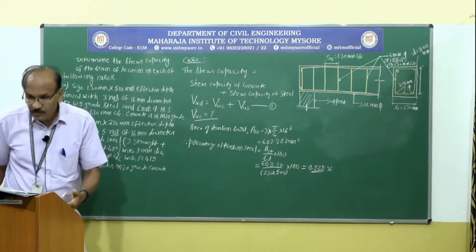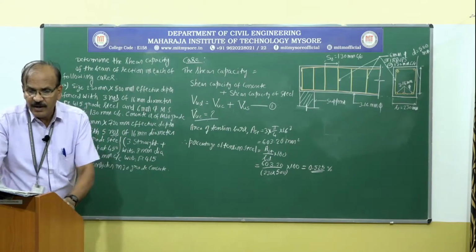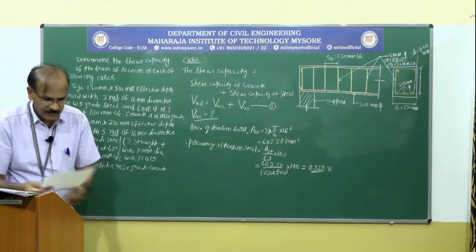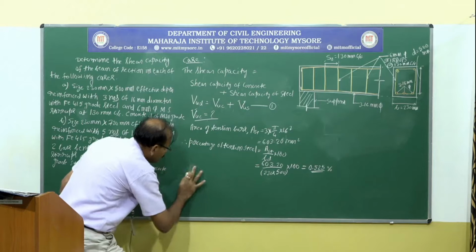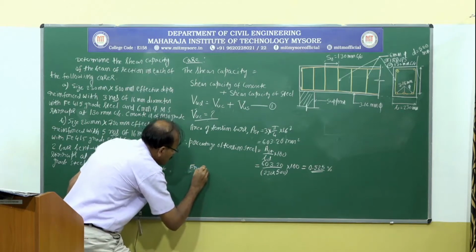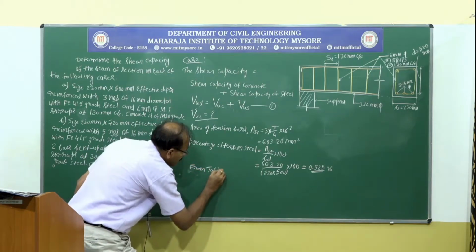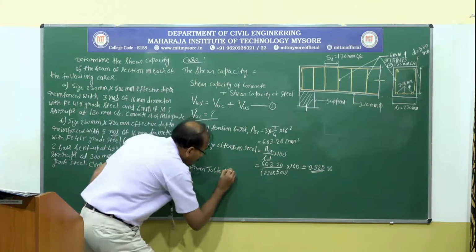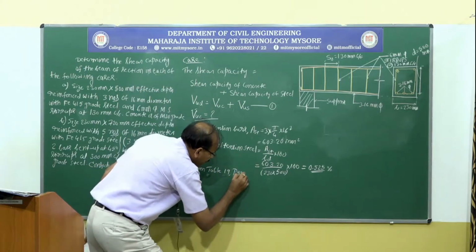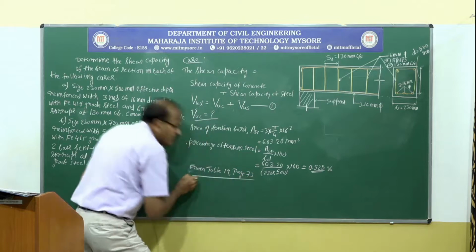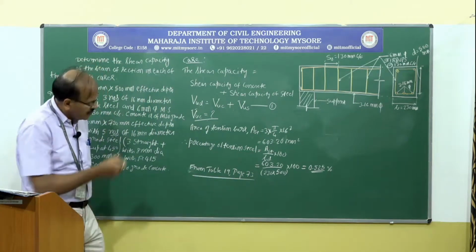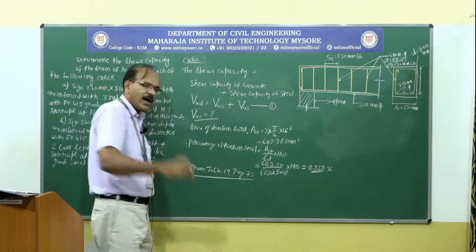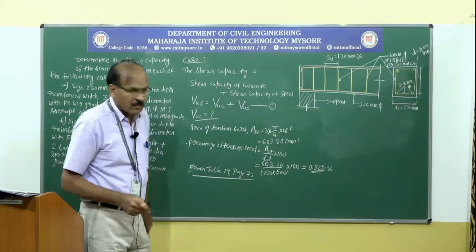So I am going to write AST BD from table 19, page 73. I am not going to write IS 456 2000. The reason is, by default when I say this, I am referring to the code.